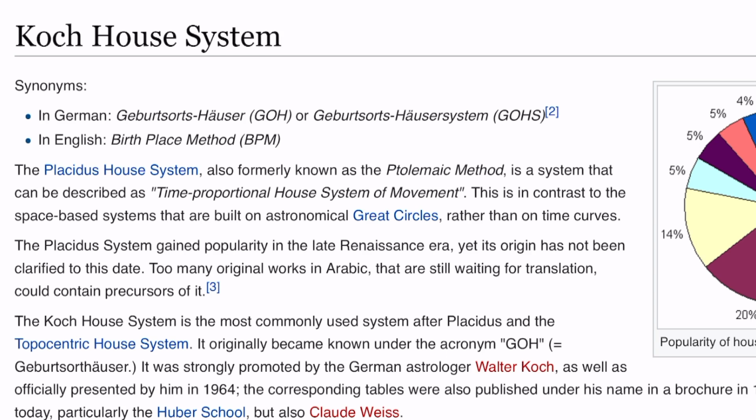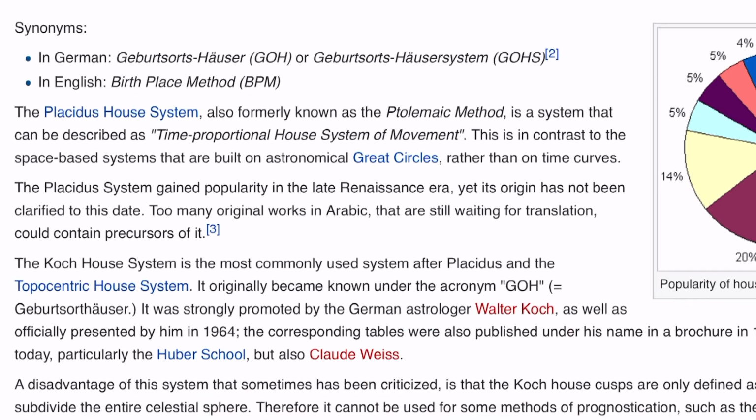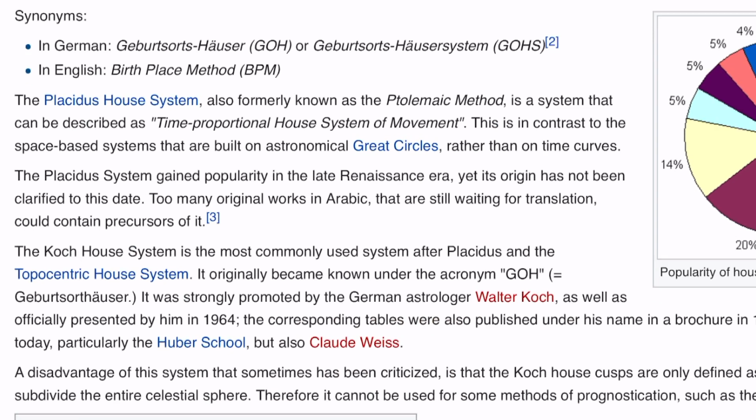This is in contrast to the space-based systems that are built on astronomical great circles rather than on time curves. At the same time, the Koch house system is the most commonly used system after Placidus and the topocentric house system.